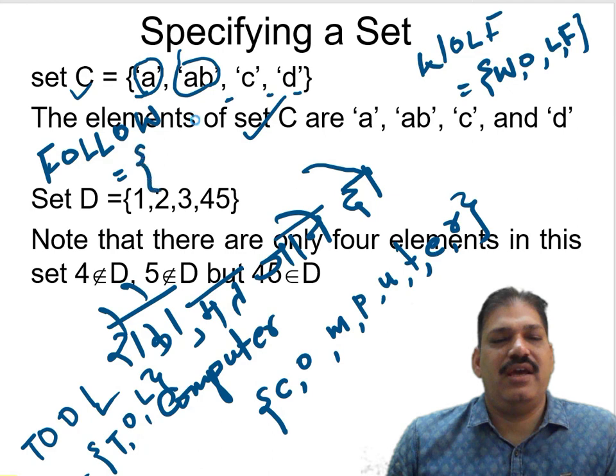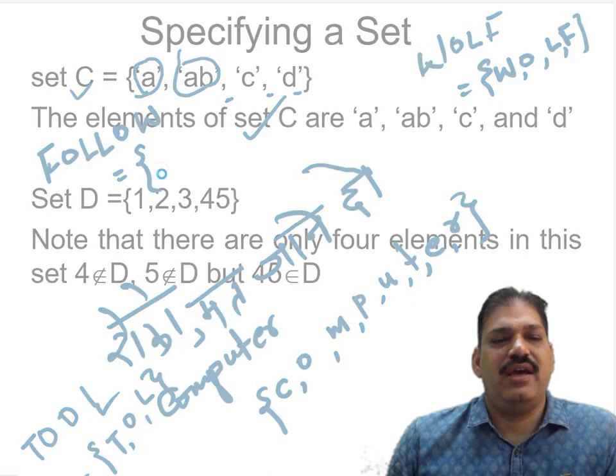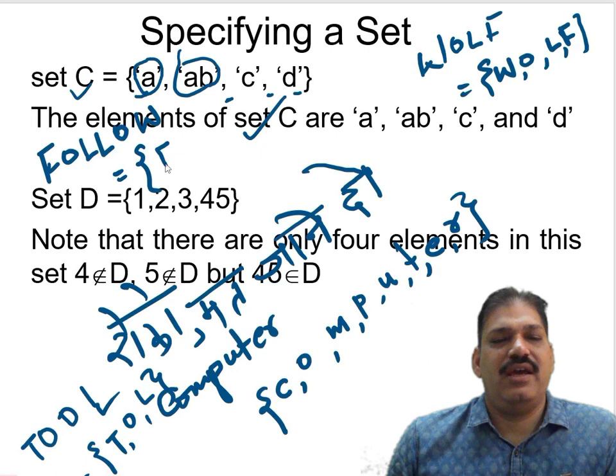See how. F will be taken once, then O one time, then L one time. L has already appeared, O has already appeared, so O will not be repeated, and W. So we have the same set that we got in wolf and follow.